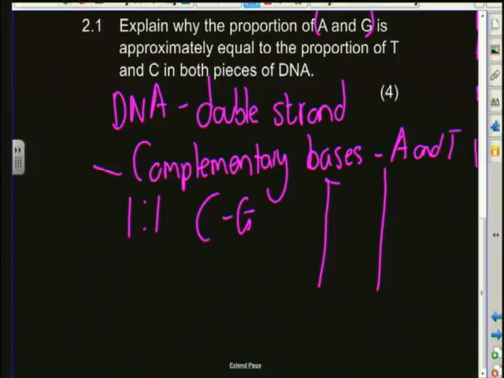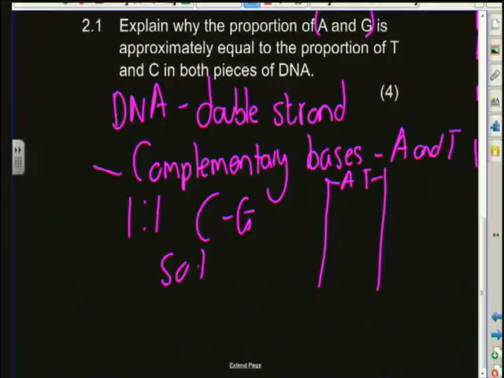It's a double strand, so if I've got an A on one side, I have to have a T on the other. So explain why the proportion: the DNA is double-stranded. It has complementary bases, therefore adenine must always have the same as thymine, and cytosine must always have the same as guanine, so that the DNA can join.